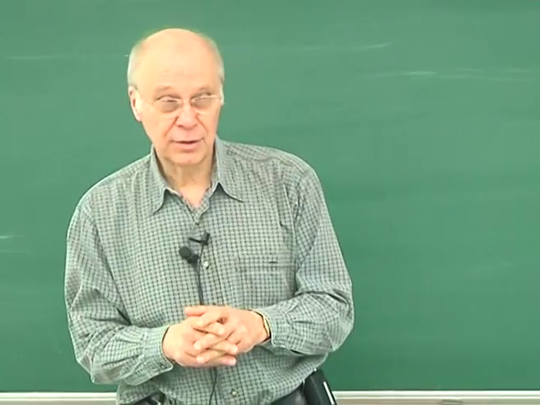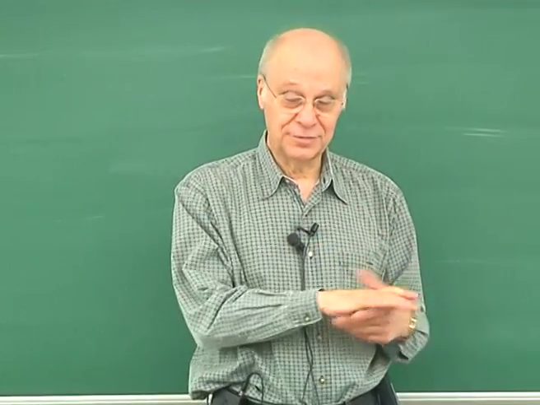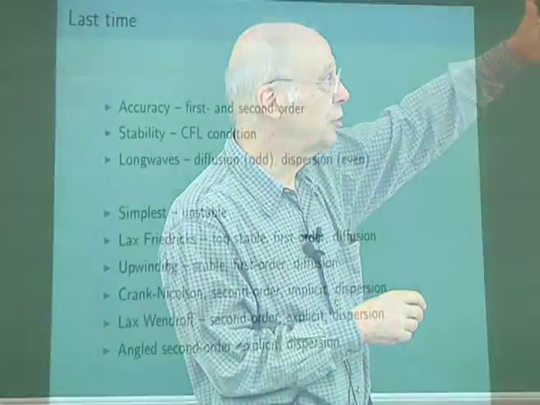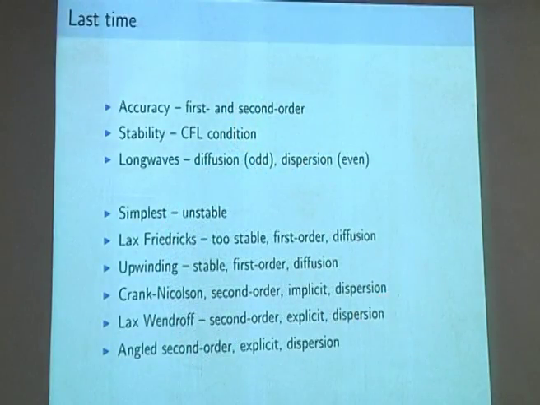Right, so in the first half about hyperbolic equations, we went through the main issues about accuracy. Is it a first order accurate method? Is it a second order accurate method? Always stability. It's quite easy if you take a large time step for these systems, these algorithms are unstable.